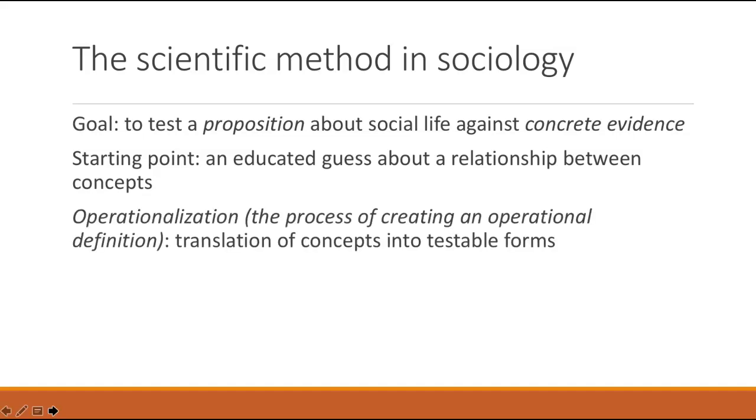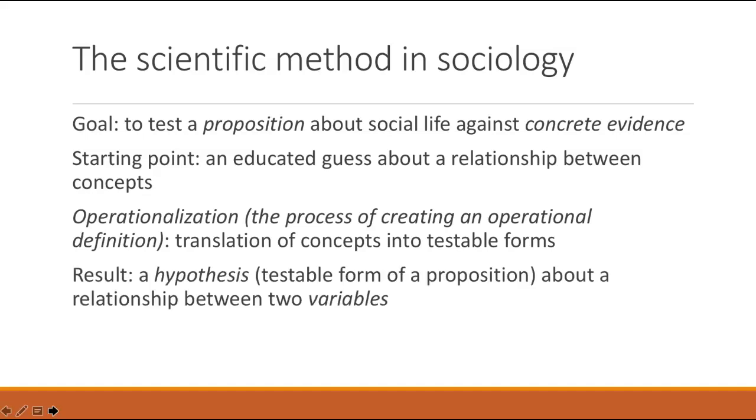The next step is to take our concepts and turn them into something we can measure. How will we define wealth? Maybe we look at people above a certain income. Same thing for health. Maybe we'll define health in terms of life expectancy. The result of this operationalization is that now you've got a hypothesis about a relationship between two specific variables that you can measure.